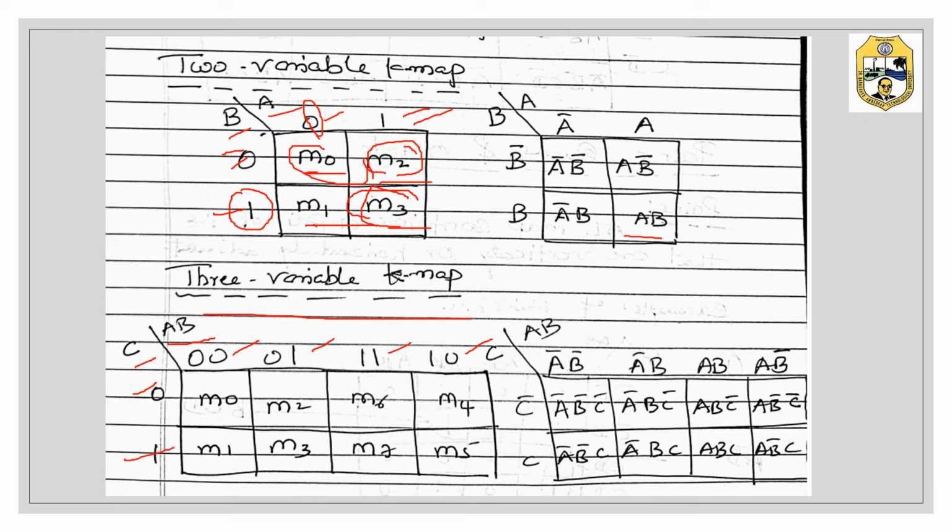Now by seeing this you may come across one question: here we have taken 0 0, 0 1, but here we have taken 1 1, and after that 1 0, meaning it is 0, 1, here it is 2, and here it is 3.